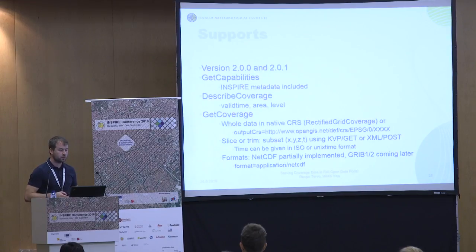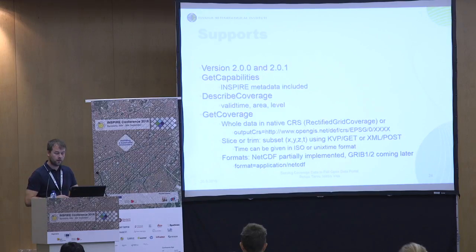Current support is 2.0.x. We have GetCapabilities with Inspire metadata. We have DescribeCoverage, where you can find the valid time, area, levels. Then we have GetCoverage, so that you can get the whole data in the native format.